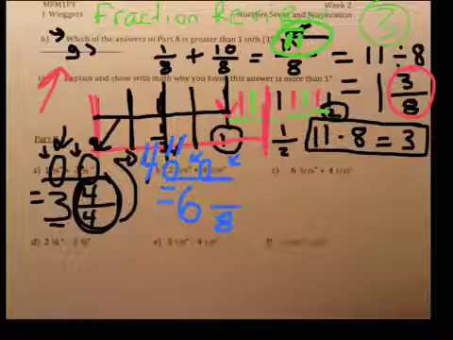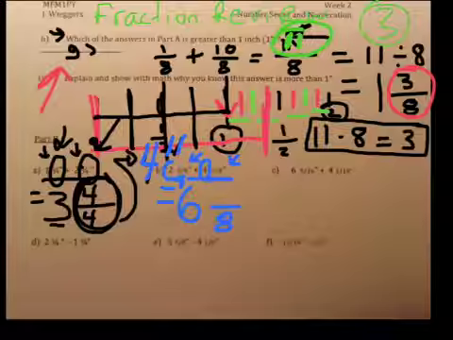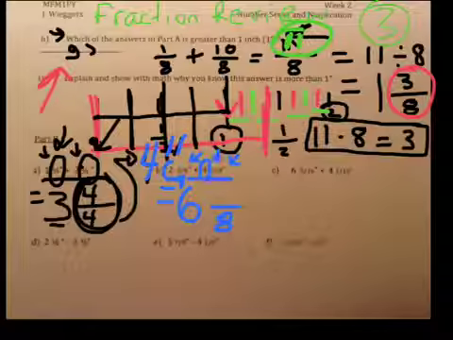So 5 plus 3 is 8. And again, we have 8 out of 8 parts.